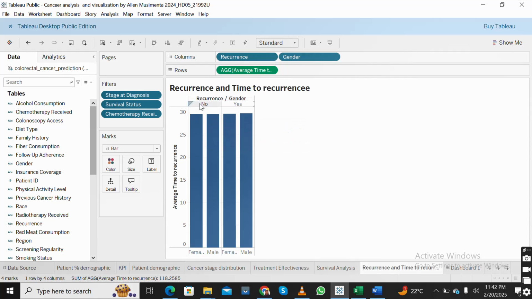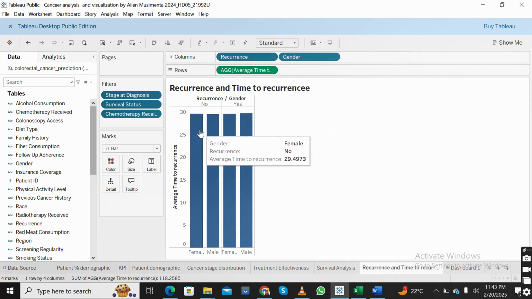So here I looked at the average time to recur, time for recurrences, and I had explained how I came up with that, where I had to get the average: the sum of the calculated field divided by the count of the patients. So to get this average time to recur, this is it here.